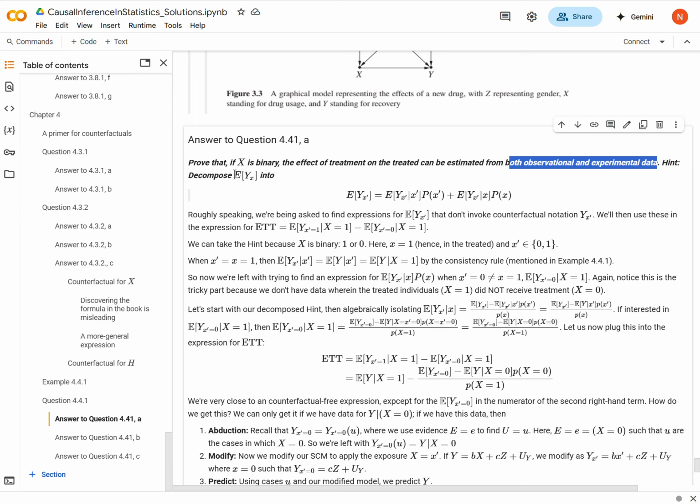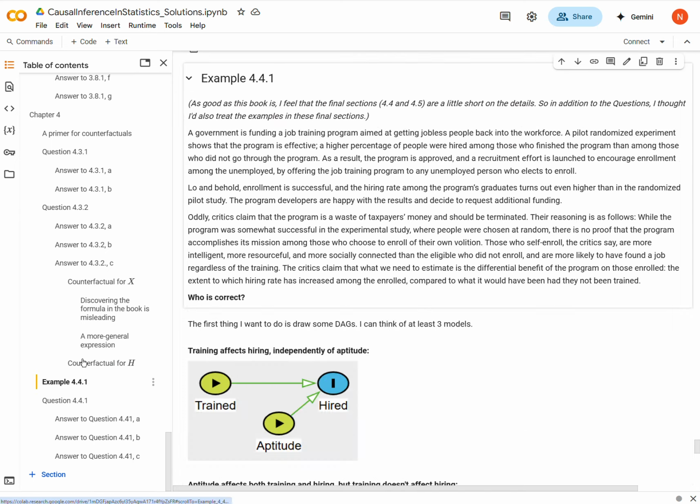And we're given the hint of trying to decompose the expected value of Y with the counterfactual value of X here. Okay. So what do I want to say about this before we start? The thing I want to say is that this is meant to be a binary depiction of some of the principles that were demonstrated in example 4.4.1.